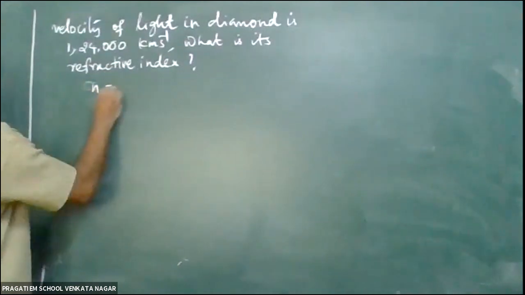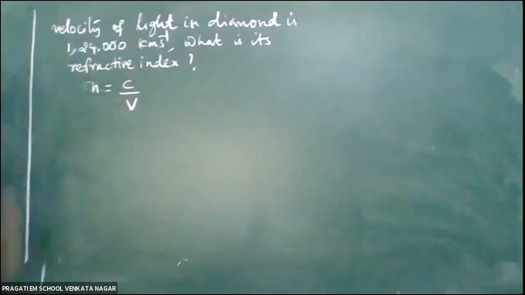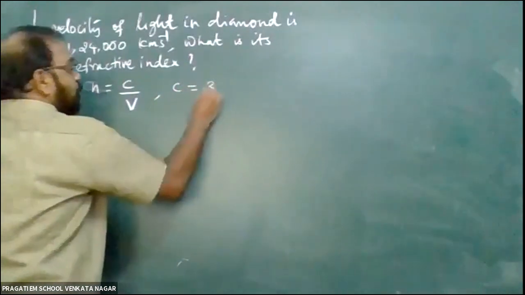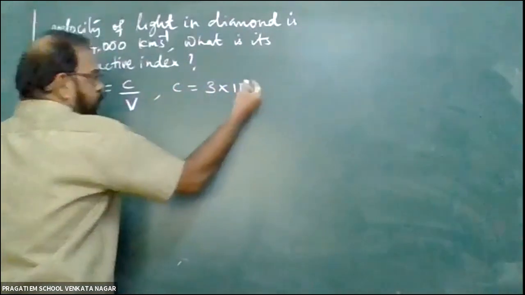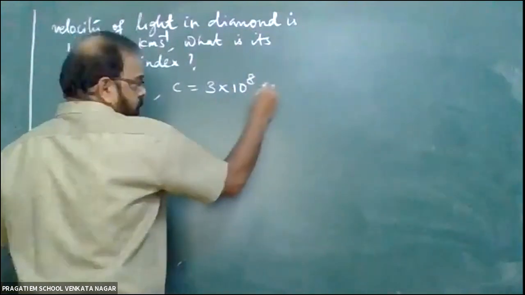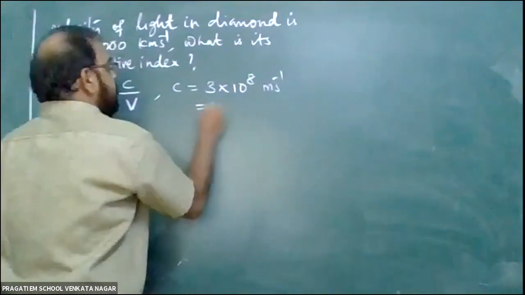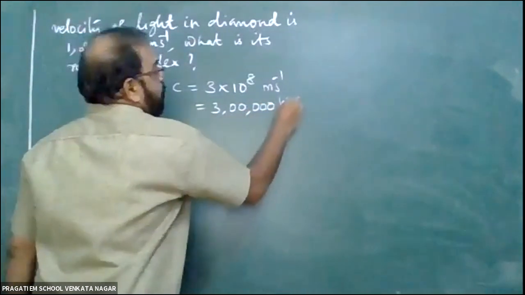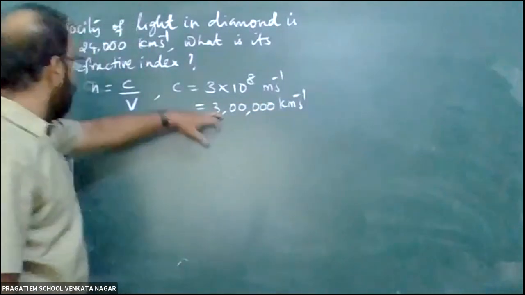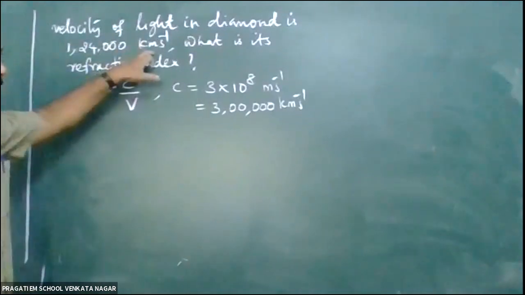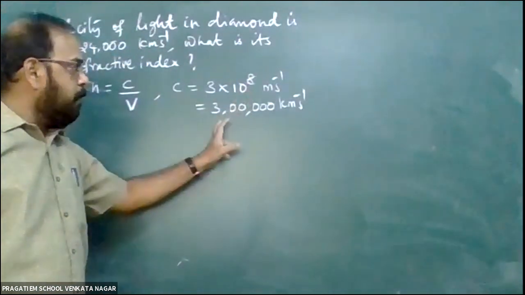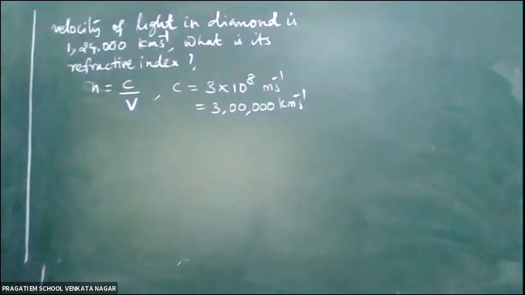Refractive index N is equal to C by V, and C is equal to 3 into 10 to the power 8 meter per second. It is nothing but 3 lakhs kilometer per second, because here the unit is given in kilometer per second. Let us convert this one also.